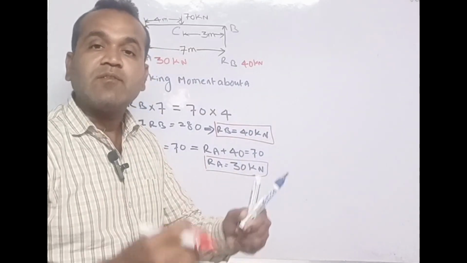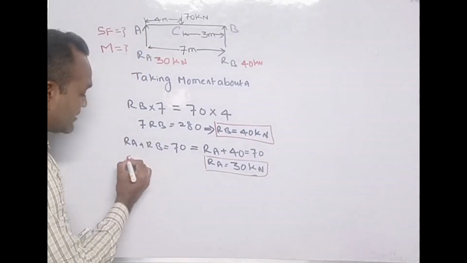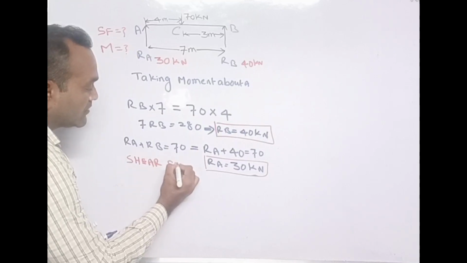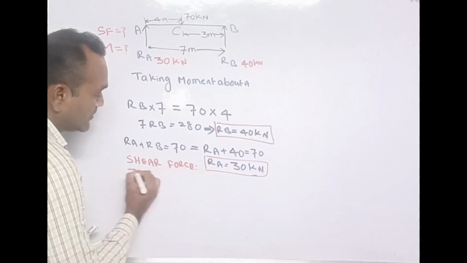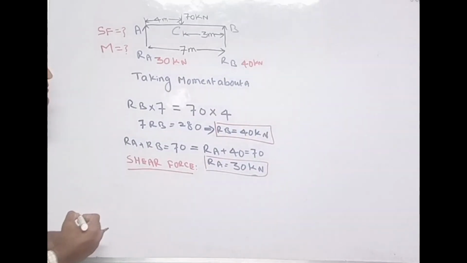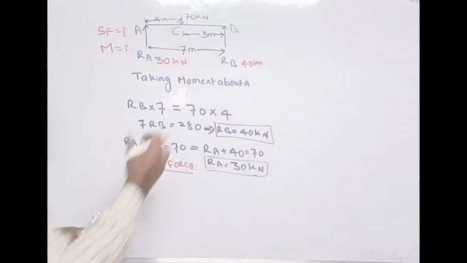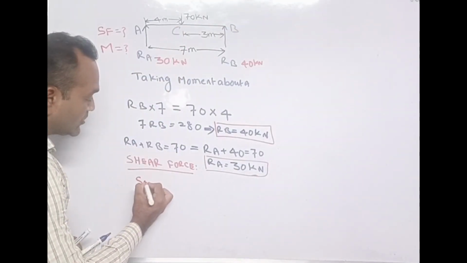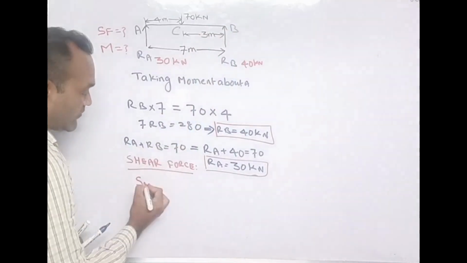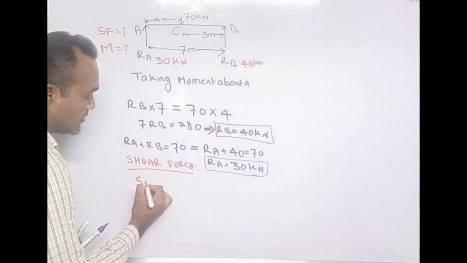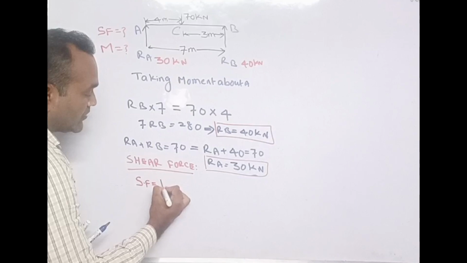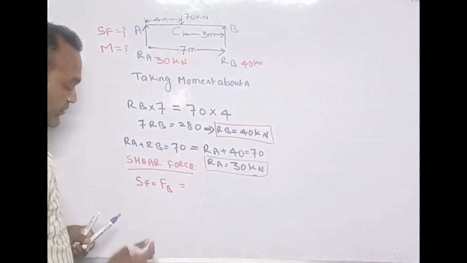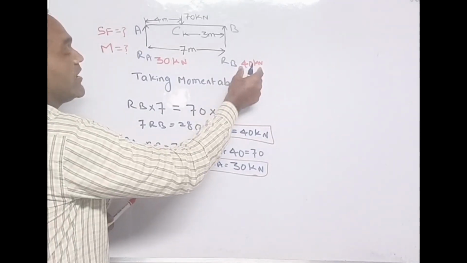So first thing we have done, reactions. Next is shear force. How to find shear force? If we start with B, we will consider shear force starting from the right hand side. Shear force at B, FB we can write, equals to, what is the reaction here? 40.